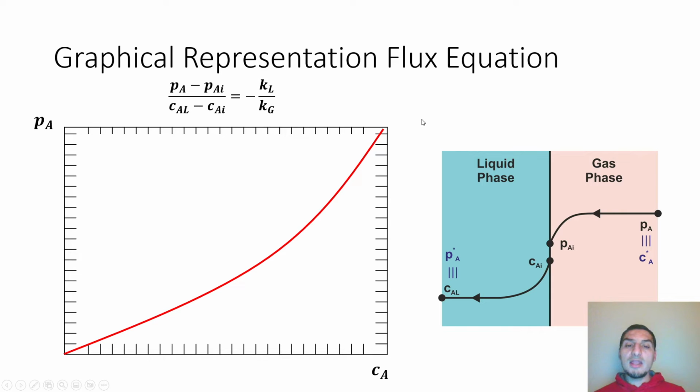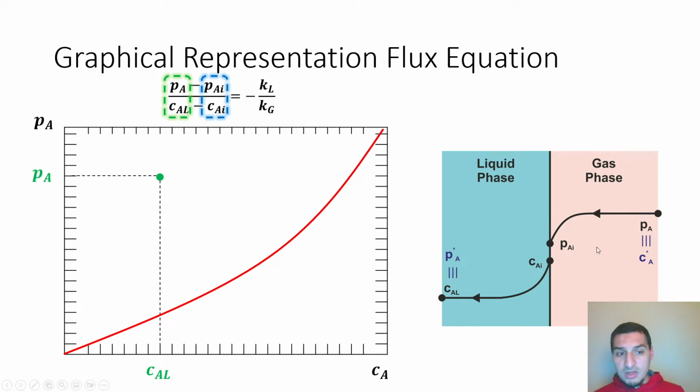Now we said that the straight line will be represented by 2 points. The first point is PA and CAL. In a case like this, we have high partial pressure and low concentration. So I have low concentration here and high partial pressure here. This is the first point, PA CAL. The other point is PA interface, CA interface. And which are these 2 points?